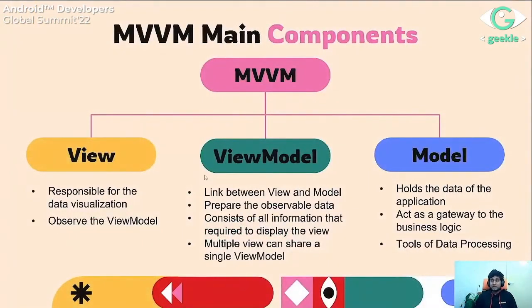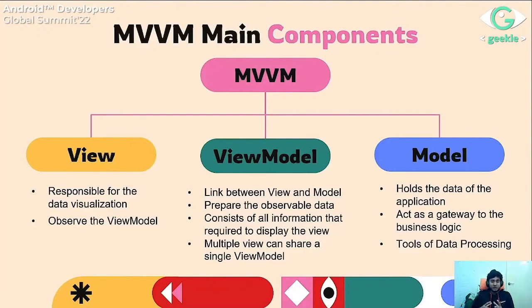Here is the MVVM responsibility chart. The view is responsible for the data visualization and observes the view model. And the model holds the data of the application and acts as a gateway to the business logic and tools of data processing. It will collect data from different data sources, and data sources can be an API or local storage. So basically, the model will collect data from those data sources, process the data according to the business logic and provide that data to the view model.